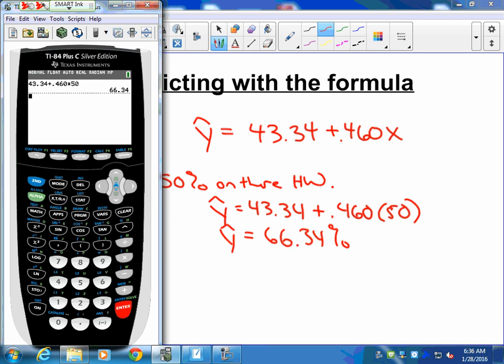We could do the exact same thing if somebody gets 75% on their homework. We go back into the equation and make the adjustment. If someone gets 75 on their homework, they can expect to get 77 on the final, so the final is outpacing their overall homework just slightly.